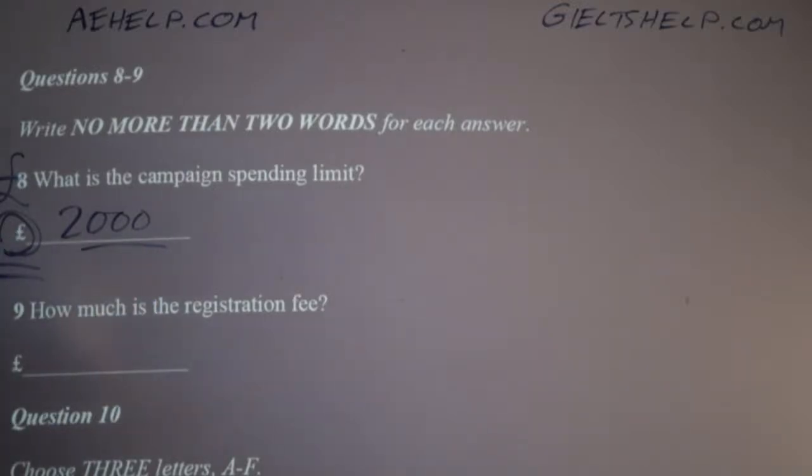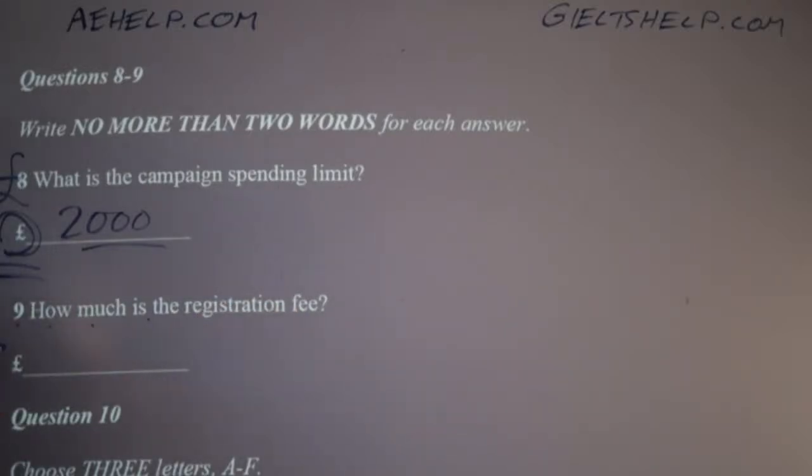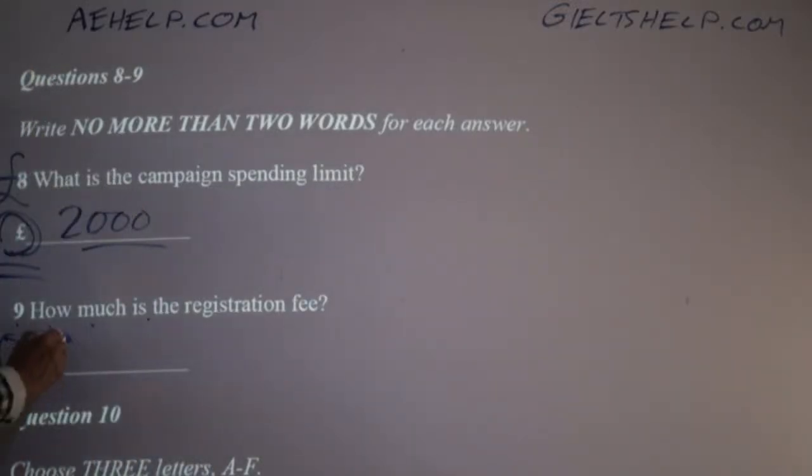Number 9, how much is the registration fee? Again, we have the pound symbol, so IELTS is trying to help you out here. What does it cost? Navjot, careful. Listen for the differences in sounds. It's 50, not 15. It's 50 pounds.